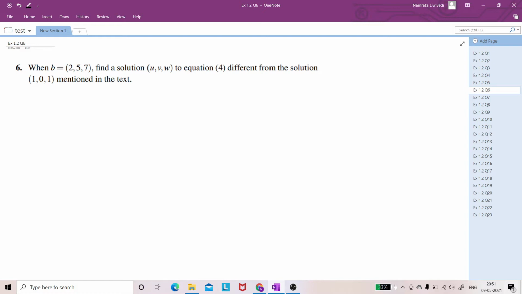It has been stated as: when b is equal to 2, 5, 7, find a solution in terms of vector u, v, w to equation 4 different from the solution 1, 0, 1 mentioned in the text.